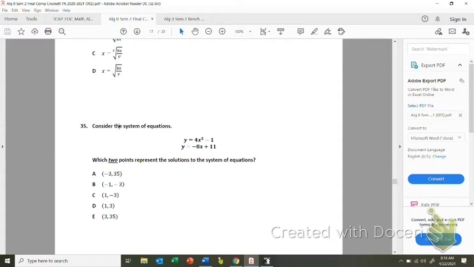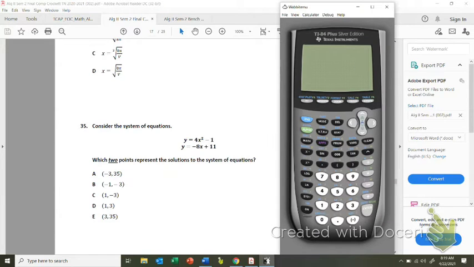So, in your calculator, let's graph 4x squared minus 1 in the first one, in y1. And then in y2, let's graph the second one. So negative 8x plus 11. And then hit graph to look at your lines.